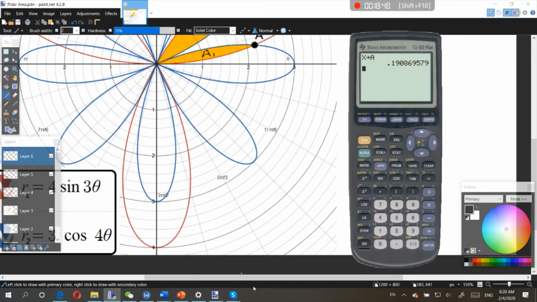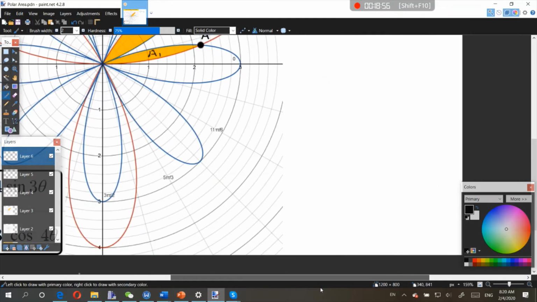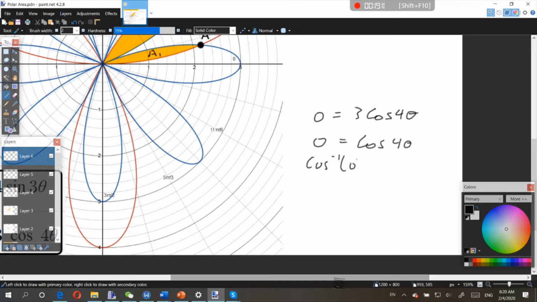I could solve this by hand by setting this function equal to 0 and solving for the first time that this cosine function will hit. I guess I'll do that just for the sake of it. So this will be 0 equals 3 cosine 4 theta, so 0 equals the cosine of 4 theta. Where is the cosine normally equal to 0?